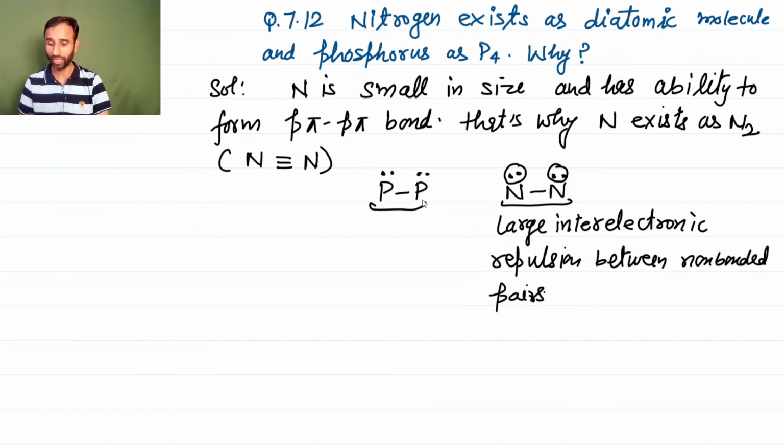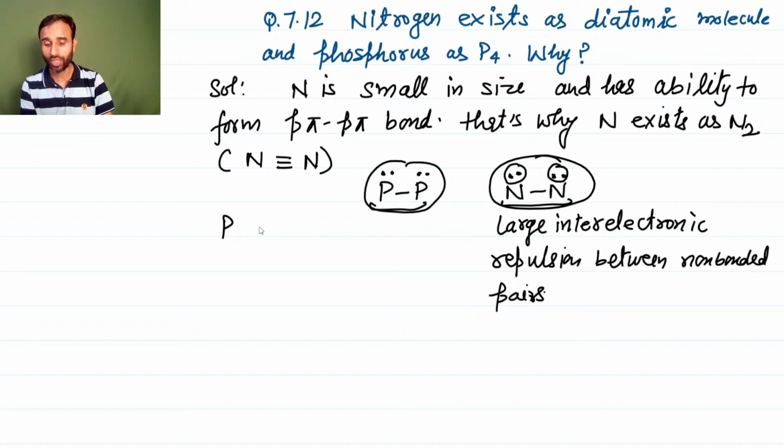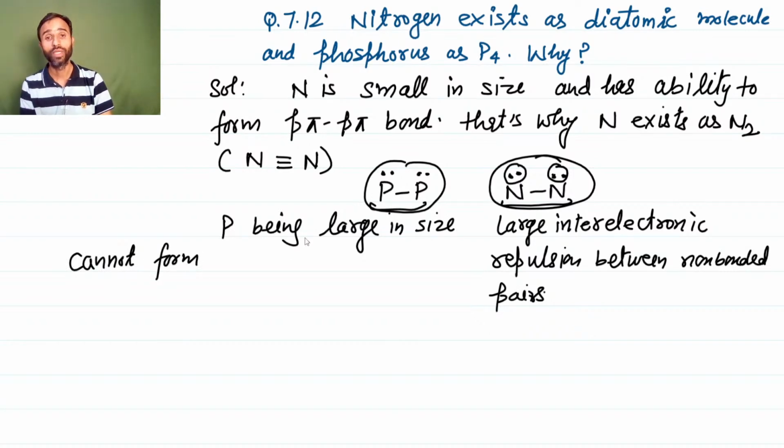So first thing, PP single bond is stronger than nitrogen single bond, and second, phosphorus being large in size cannot form strong p-pi bond.